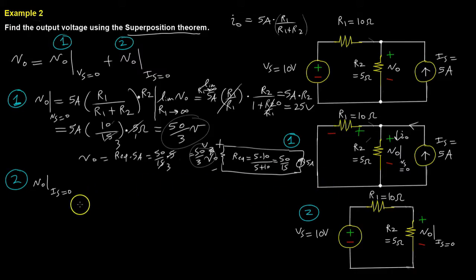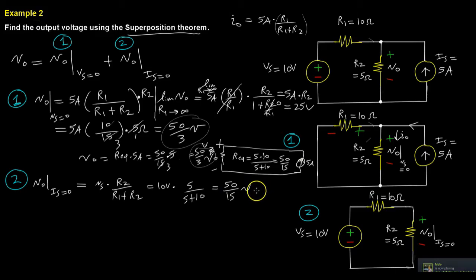We can simply do a voltage divider: V out is Vs times R2 over R1 plus R2, which is 10 volts times 5 over 5 plus 10, which is 50 over 15 volts. Factoring 5 out, you get 10 over 3 volts.